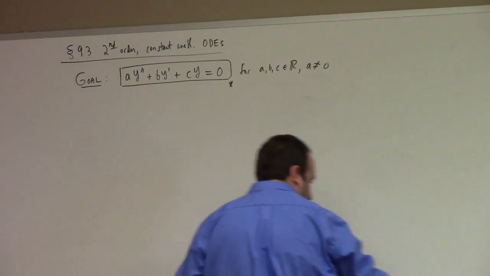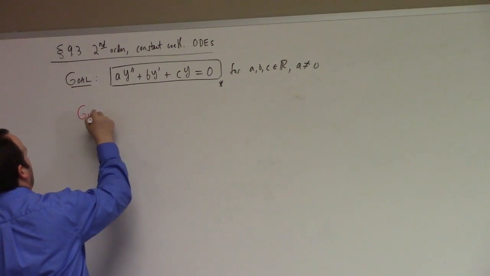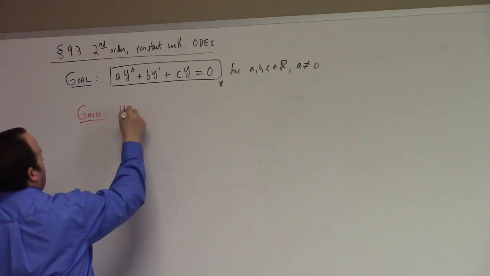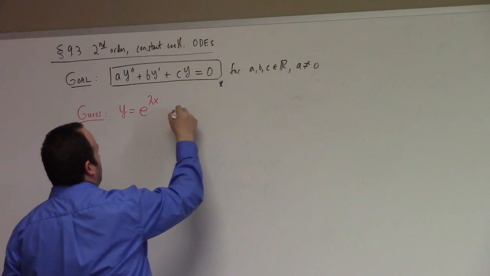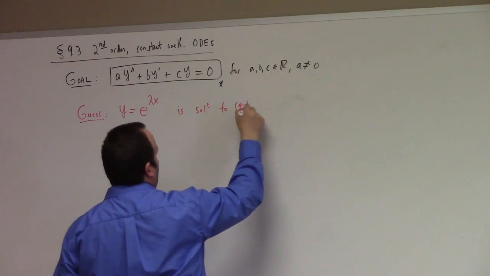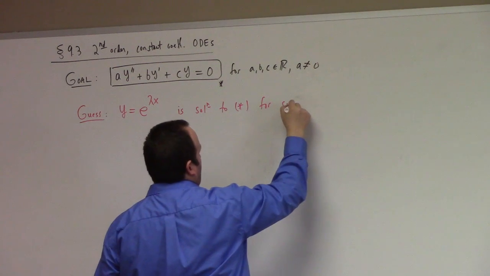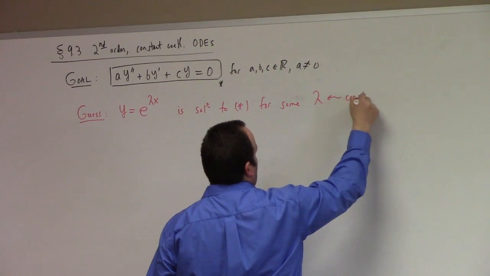All right, so here's the guess. Without further ado, guess: y equals e to the lambda x is a solution to star for some constant lambda.